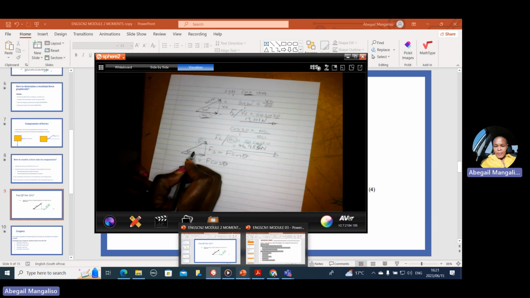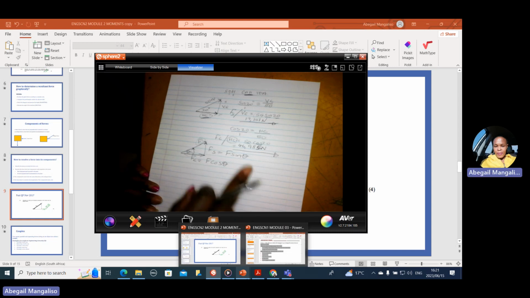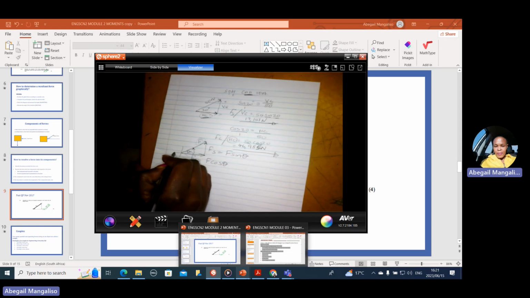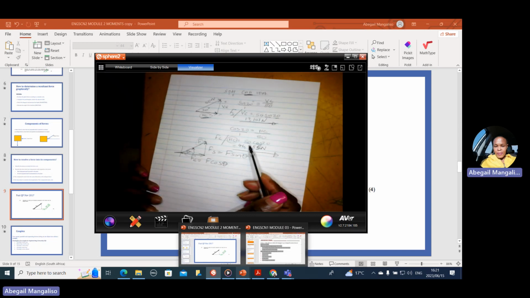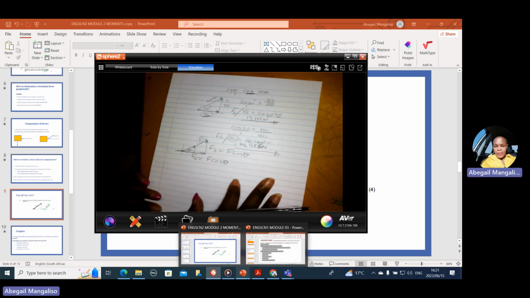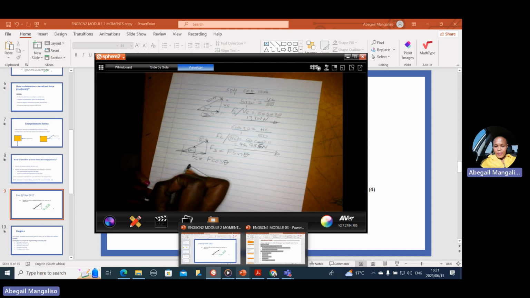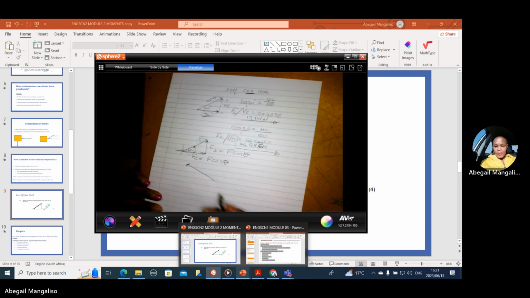If this angle is measured from the horizontal, this will be the direction of the component if this angle lies on the first quadrant. Both components will be positive. But if this 50 lies on the second quadrant, you're given the angle of 20 here.